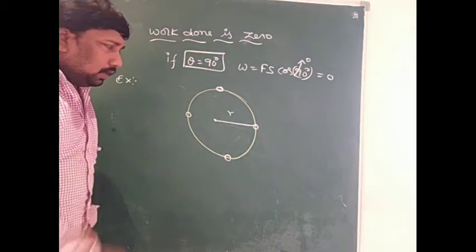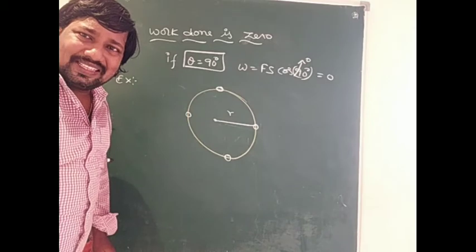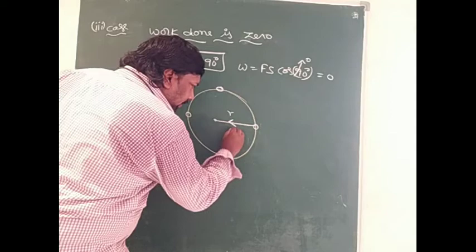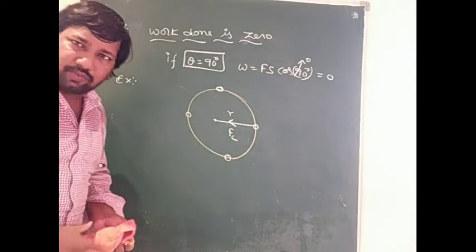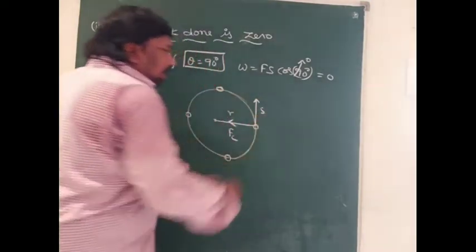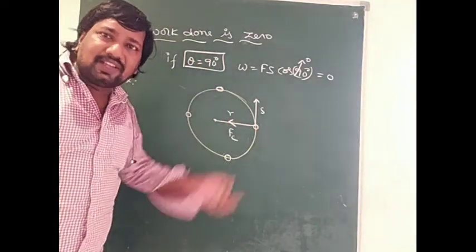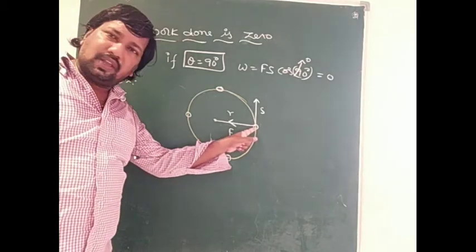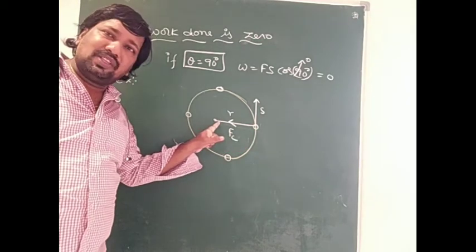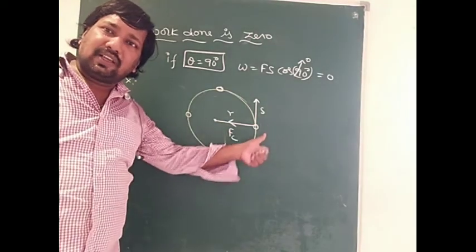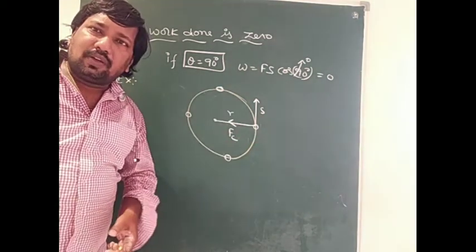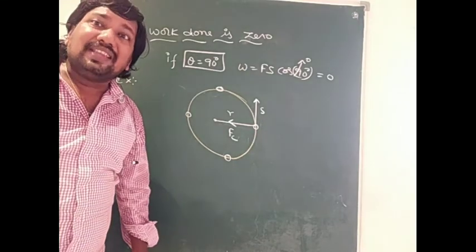The centripetal force acts on the particle towards the center of the circle, but the displacement is directed tangentially. So the centripetal force and displacement make an angle theta of 90 degrees.